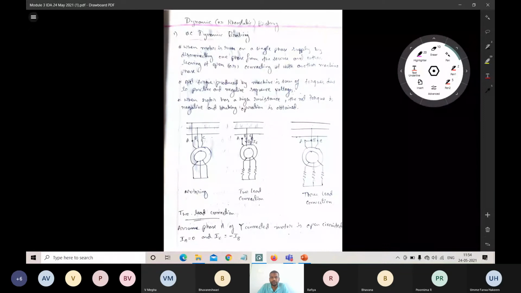Dynamic braking or rheostatic braking: when the motor is running on a single phase supply, just by disconnecting one phase, it should run on only one phase. And if it is a 3-phase motor, just remove one phase and make the motor run on the remaining 2 phases. Then what happens to the remaining one phase?